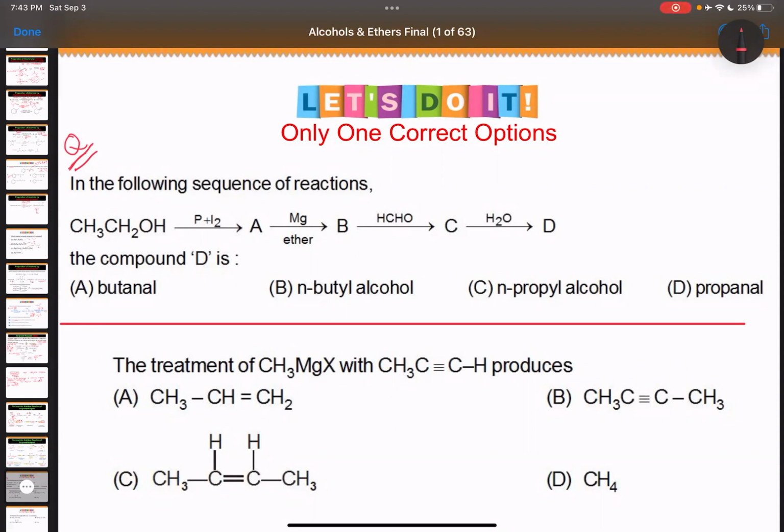So HCHO is formaldehyde, and peroxide will have two oxygen atoms.